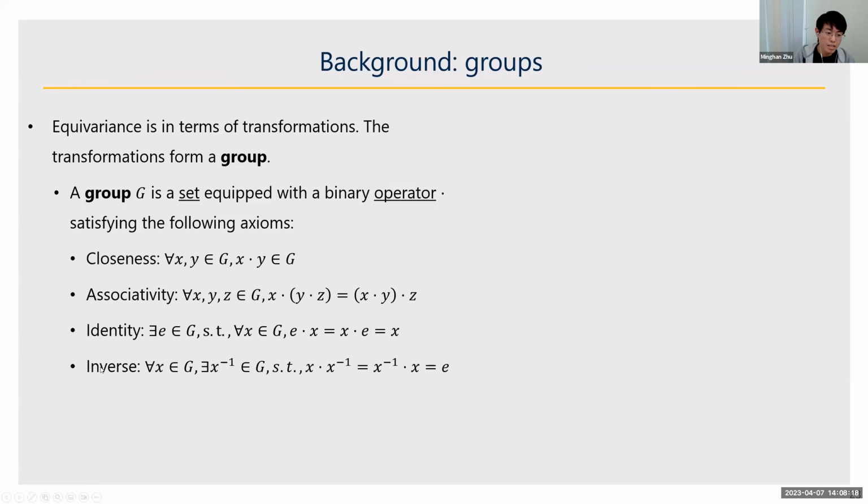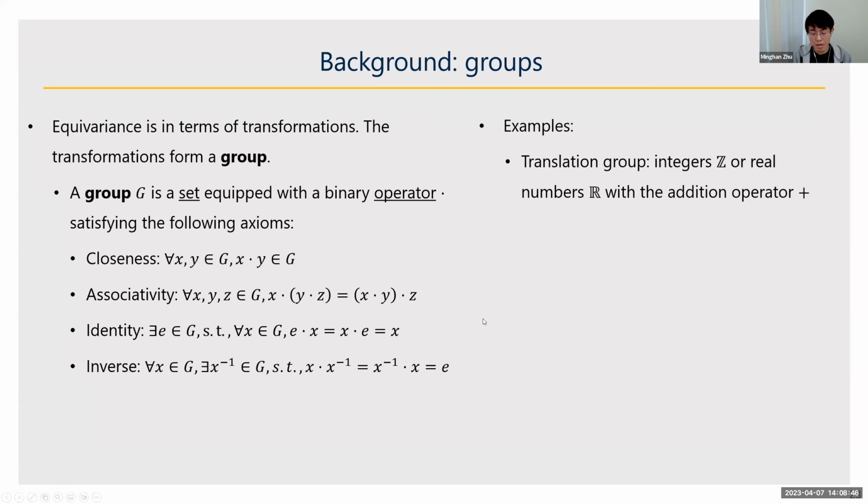For example, closure means that if you take two elements in the set and you apply the binary operator between them, the output will also be an element in the set. And identity means that there is an identity element in the set, so that when this identity is operated on with another element, the return will be the same element, unchanged. So that is what identity means.